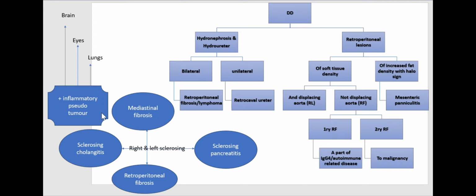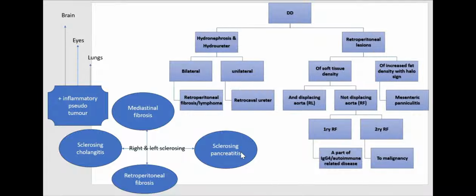So, what are the common lesions seen with IgG4 related disease? Okay, right and left sclerosing, up and down fibrosis. Right sclerosing is sclerosing cholangitis.